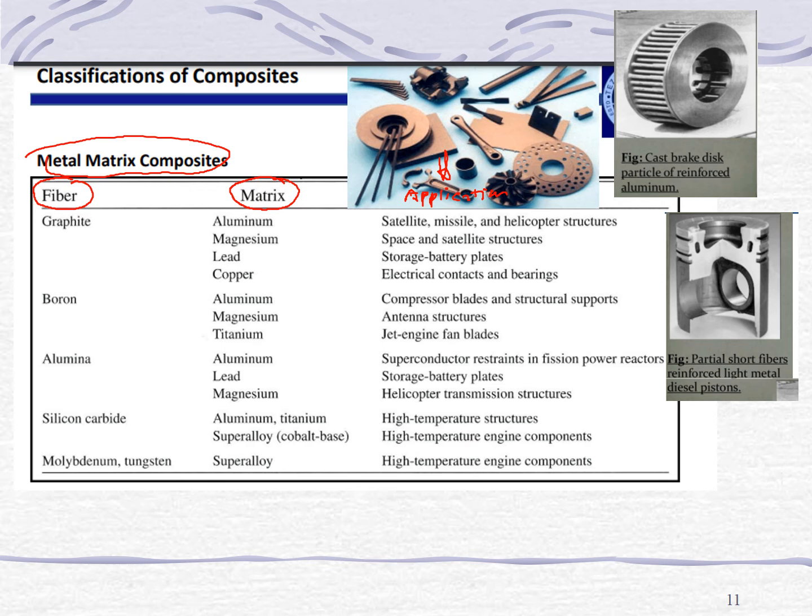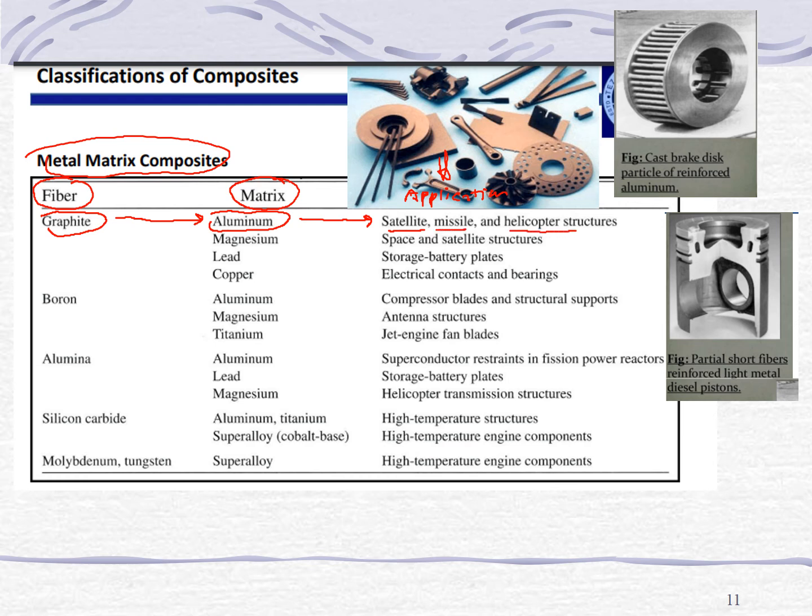For example, if we have graphite as the reinforcement, and we add aluminium as the matrix, the composite can be used to produce satellites. The composite material is used to produce satellite, missile, and also helicopter structures.